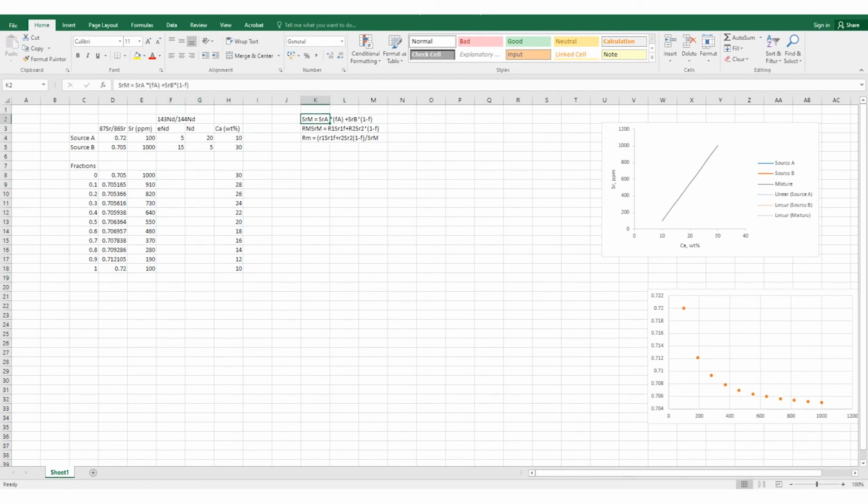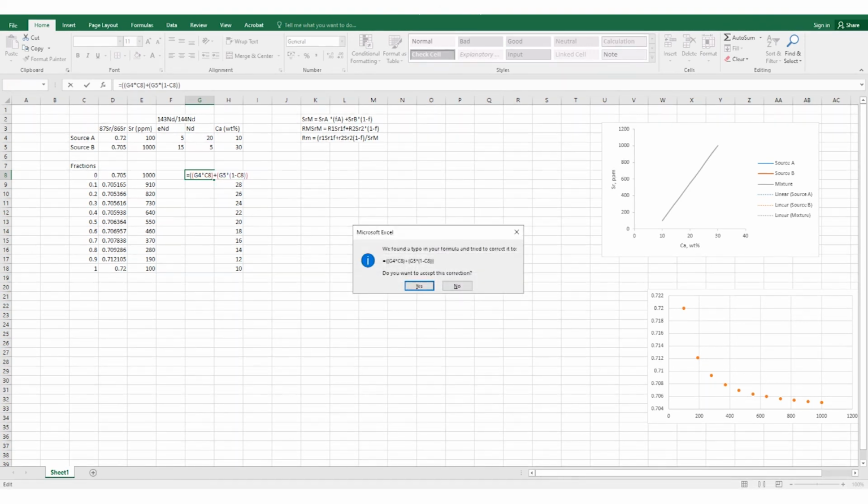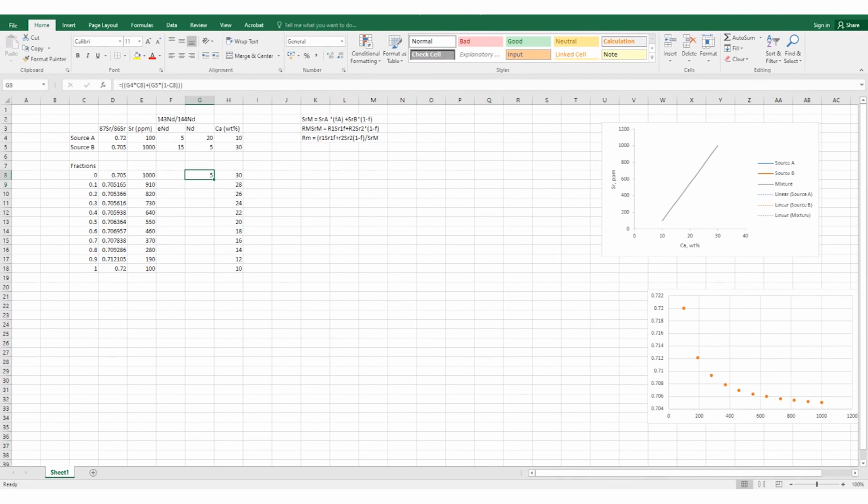You will follow this equation, and because these are epsilon units, they are isotope ratios, so this will be used. First this multiplied by F plus this multiplied by 1 minus F. So, these will be the equations, and this will be the mixing numbers for neodymium.